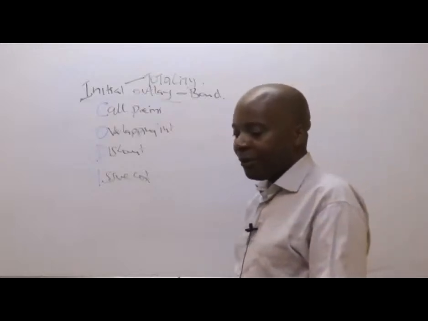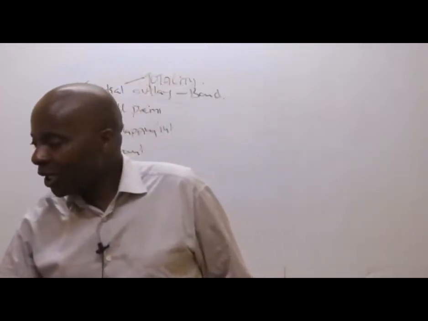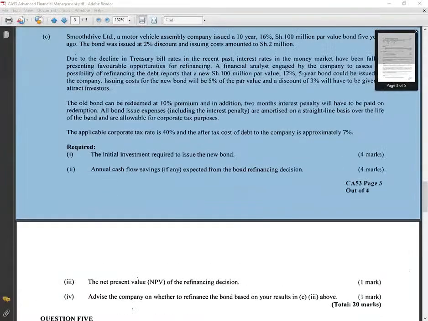So call premium, ladies and gentlemen, they have given us the percentage. The old bond can be redeemed at 10% premium. So the owners of the old bond will tell you, hey, you want to cancel our bond? No problem.